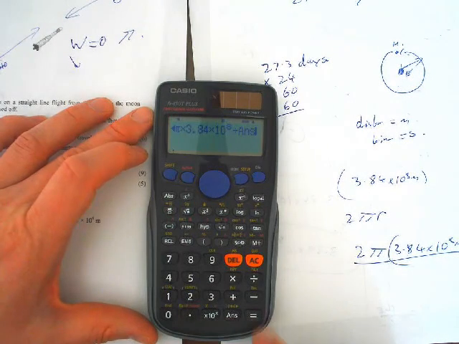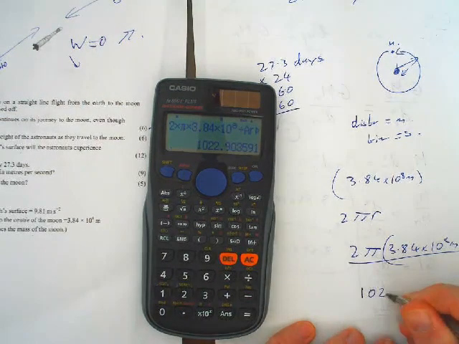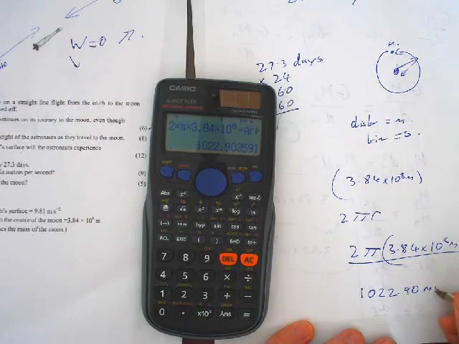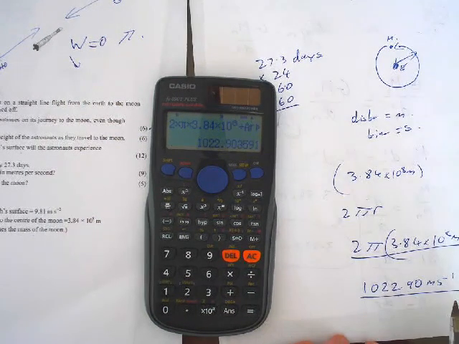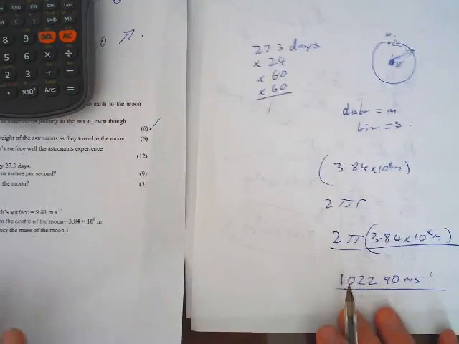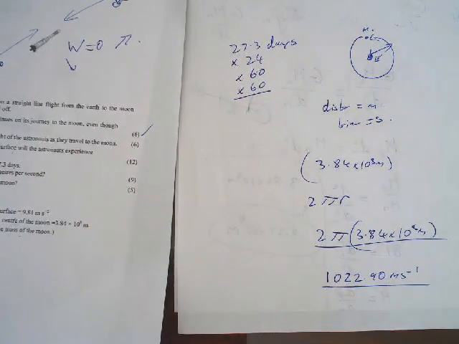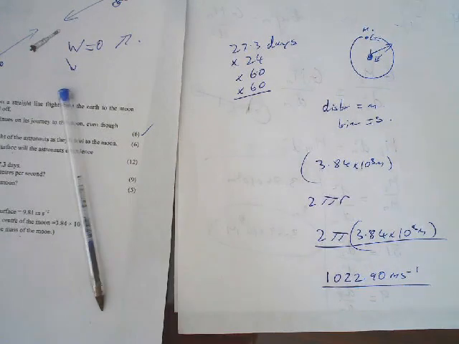And I'm going to divide that into this. So 2 multiplied by pi multiplied by 3.84 by 10 to the power of 8. And I'm going to use a trick here. I'm going to say divided by the answer that we just calculated before. Gives us a velocity of 1022.90 meters per second.